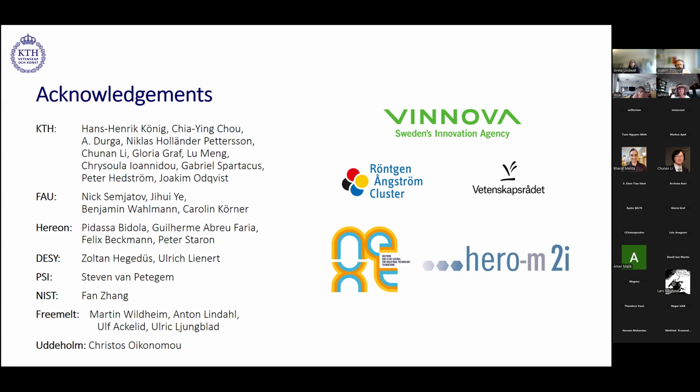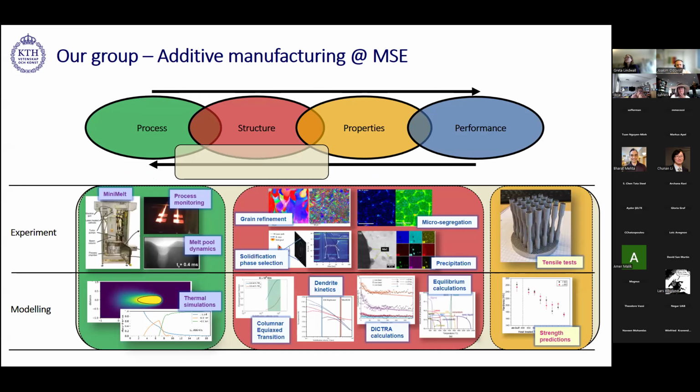Okay, so the AM research we do in my group here at KTH falls within three of these four core pillars of materials science. However, the main focus thus far has been on understanding the connection between process and structure.